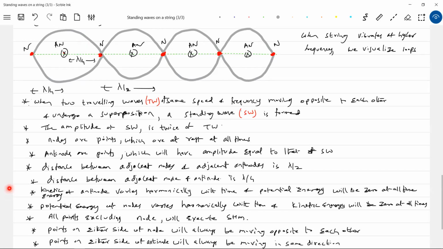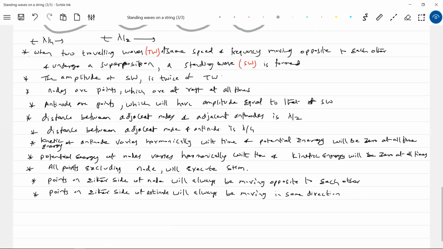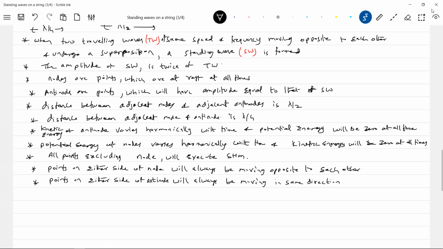Not like a traveling wave where you get plenty of values. There are only 2 specific values, 0 and pi radian. So that is what I'm going to stress here.